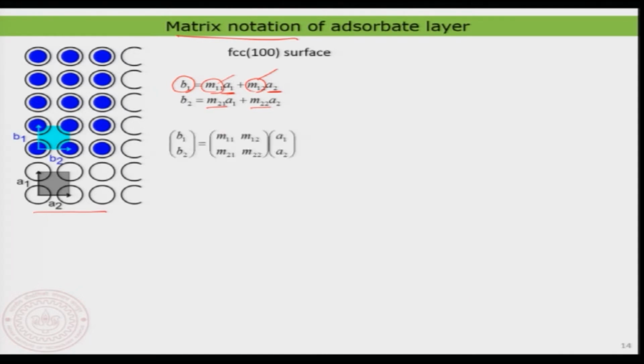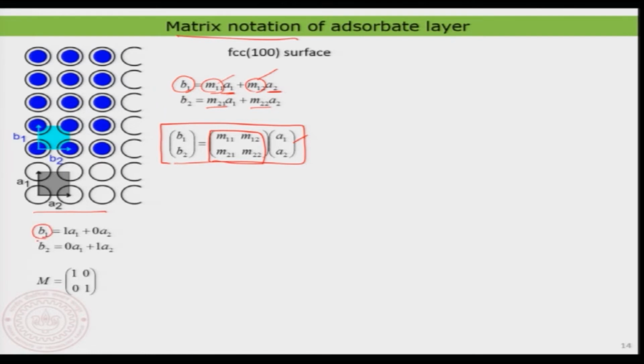I can represent my B1 and B2, that is the Adlayer unit lattice vectors, in terms of the surface unit lattice vectors using a matrix. For B1, you can see that B1 is 1 times A1 and 0 times A2, and that is the first equation to represent B1.